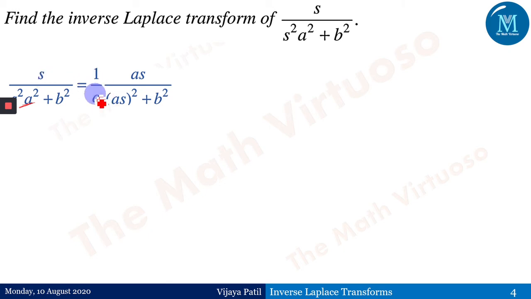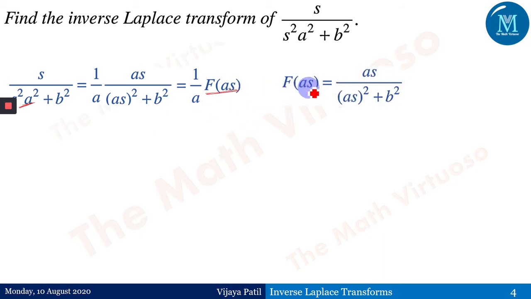So this is 1 by a times the function F(as), where F(as) is as upon (as) square plus b square. This is the one extra factor 1 by a, and we will deal with it at the end.